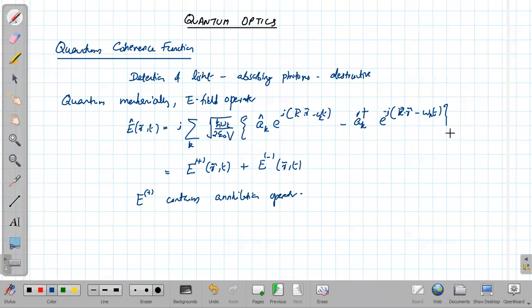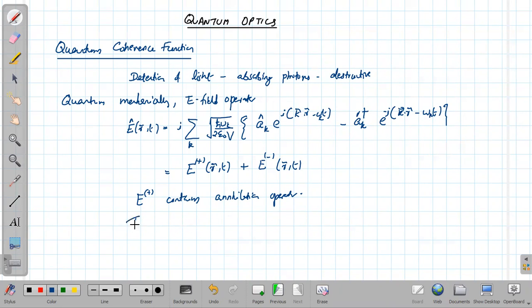Now we already discussed that photodetection is a destructive process. Therefore, only the annihilation operator may contribute to the detection of photons. Hence, the transition probability of a detector for absorbing a photon would be proportional to the annihilation operator.